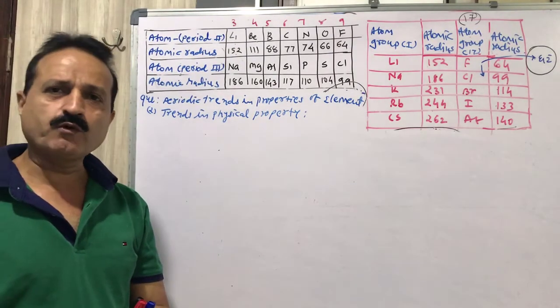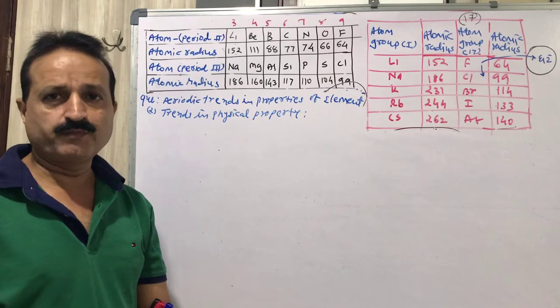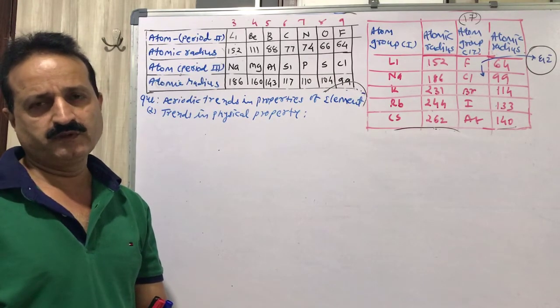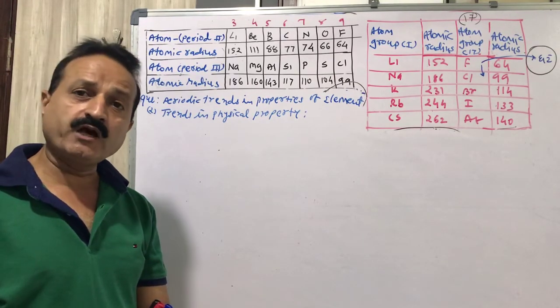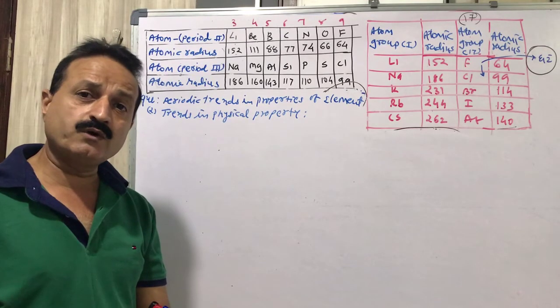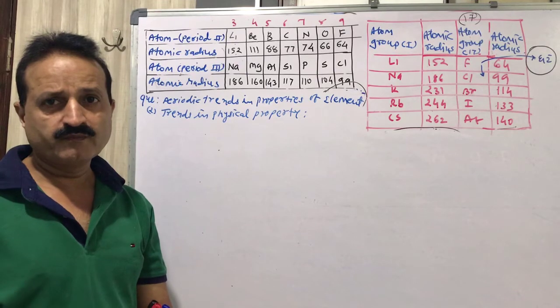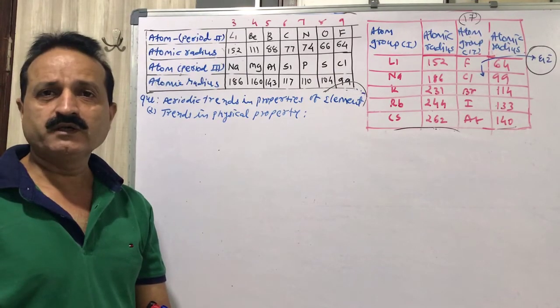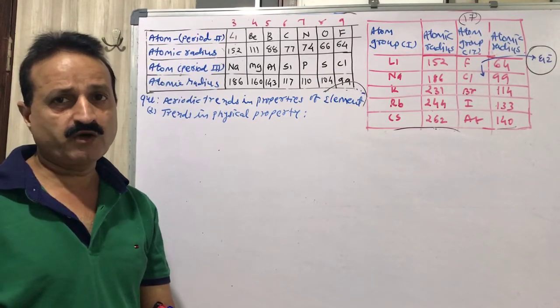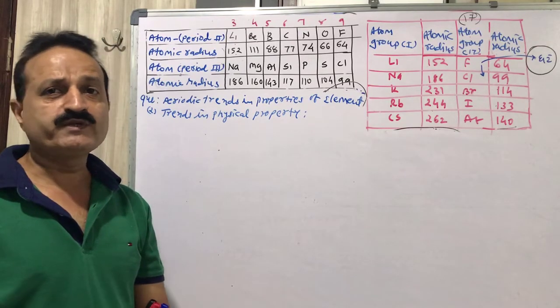You just observe the place of element. It is arranged according to increasing order of atomic number, and according to its physical property.